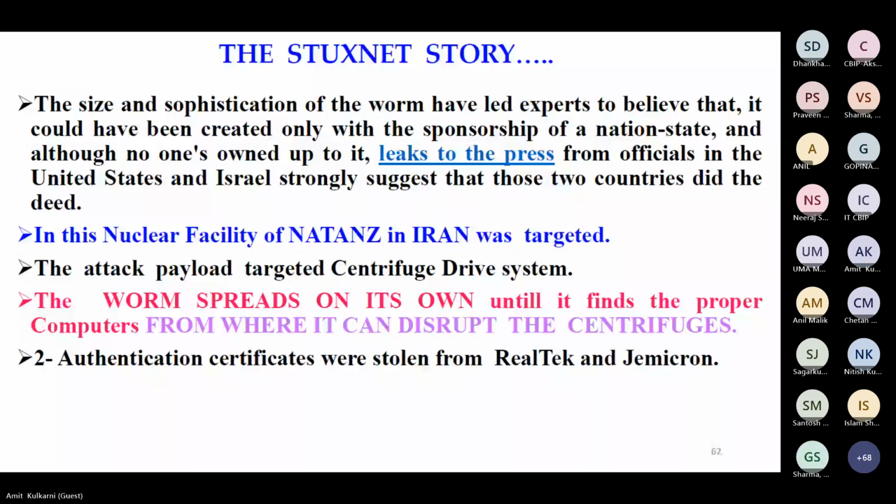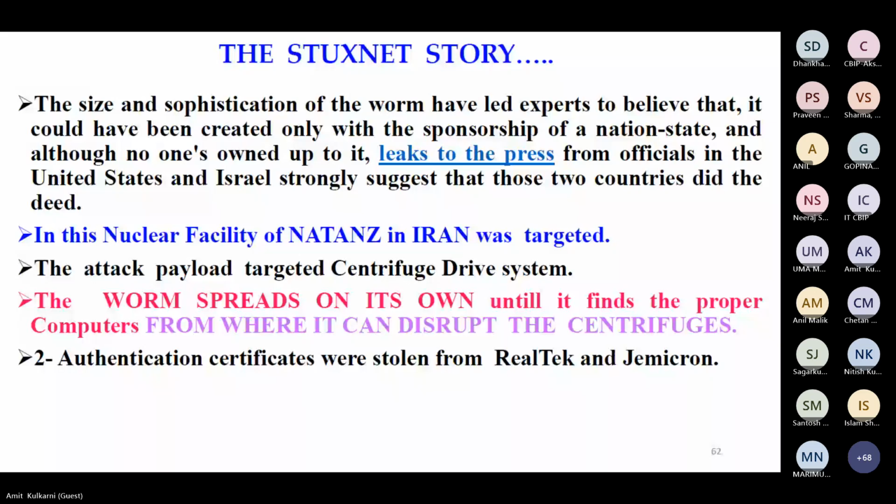The program was written in such a way that it acted without instruction. Yes, and that is the reason it is called an intelligent program code, which could direct itself. As it was intelligent, it could detect which system, computer, or control PLC to focus on. If it is not a centrifuge, it would ignore it.